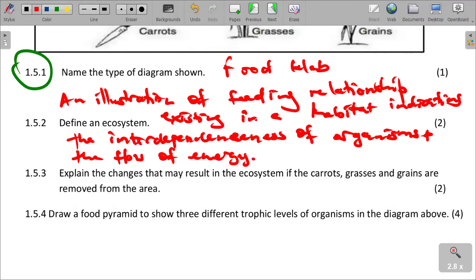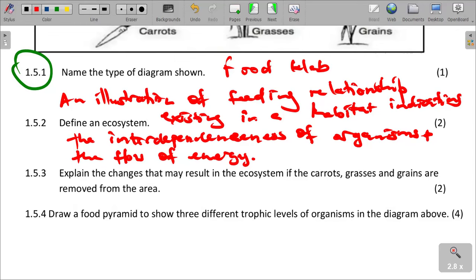So what you need to understand is that it has both biotic and abiotic factors, both living and non-living factors, and showing their interdependence.